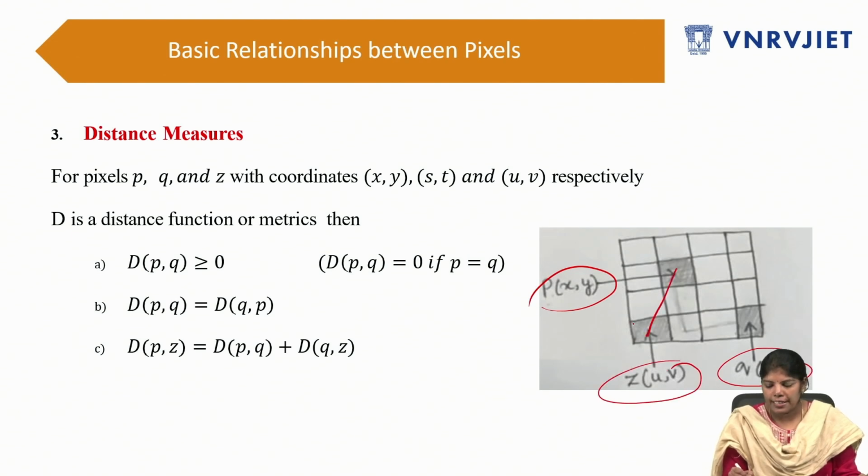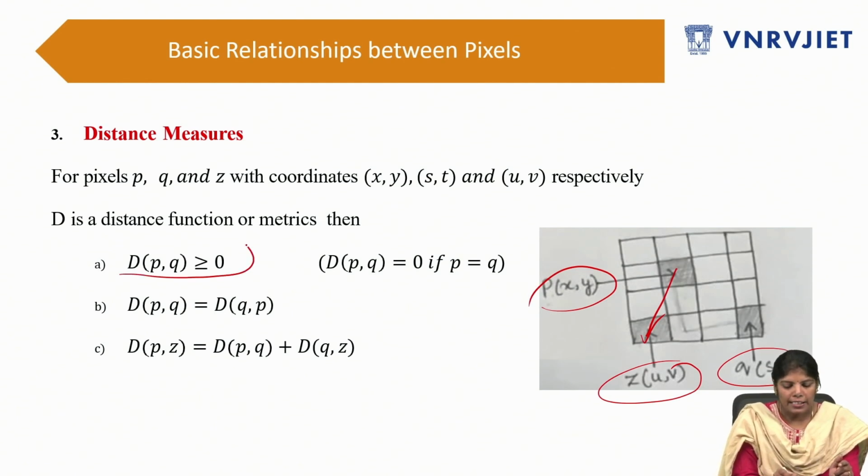I want to know the distance between two pixels. Why should we calculate the distance? If they are near, they are very close to each other; if they are far, not close to each other, based on that distance we can take a decision. That's why we calculate the distance between two pixels.